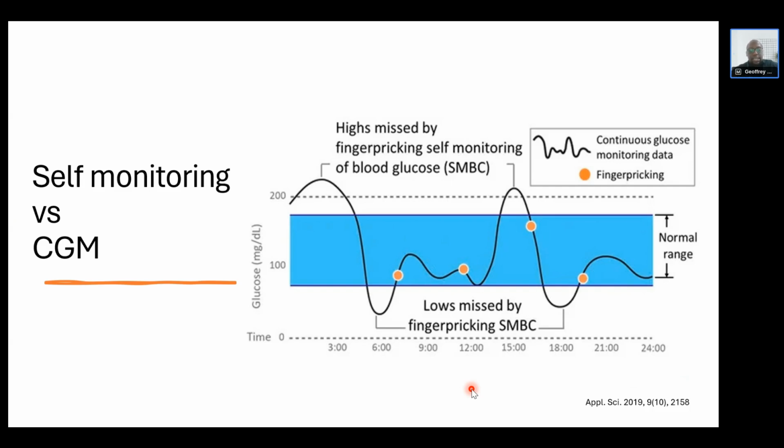So there is indeed a benefit of being able to do continuous glucose monitoring, as it gives you an opportunity to actually intervene and avoid these spikes and troughs.